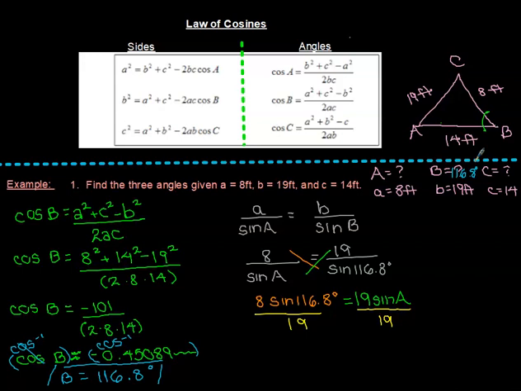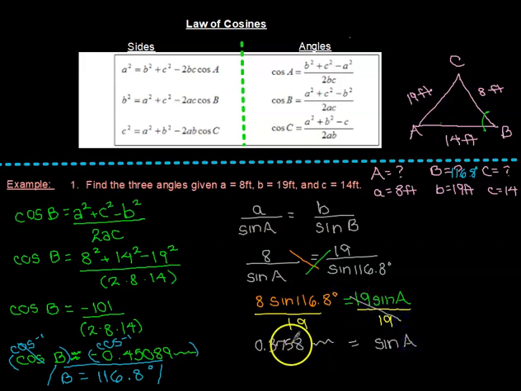Again, if you just press divide by 19, it'll take that previous decimal answer for you. So this should give you about 0.3758, and so on, equals sine of A.